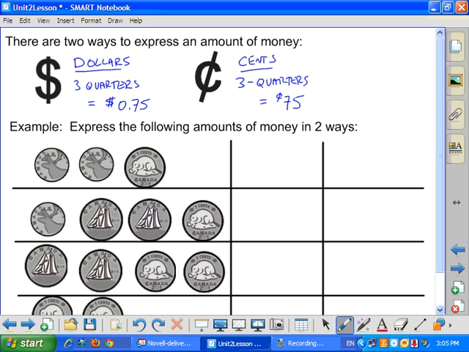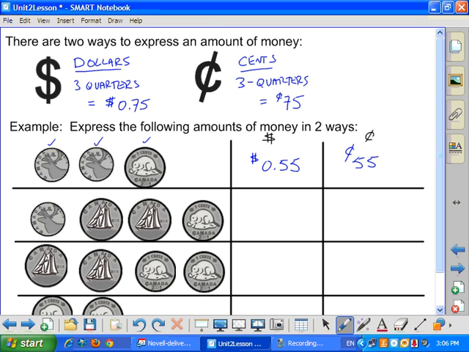So down below in the example here, I want to express it in dollars and in cents, just for you to get a feel for both. So as I go across here, I got 25, I got 50, I got 55 cents. So I have 55 cents. And in dollar form, that would be 0.55.